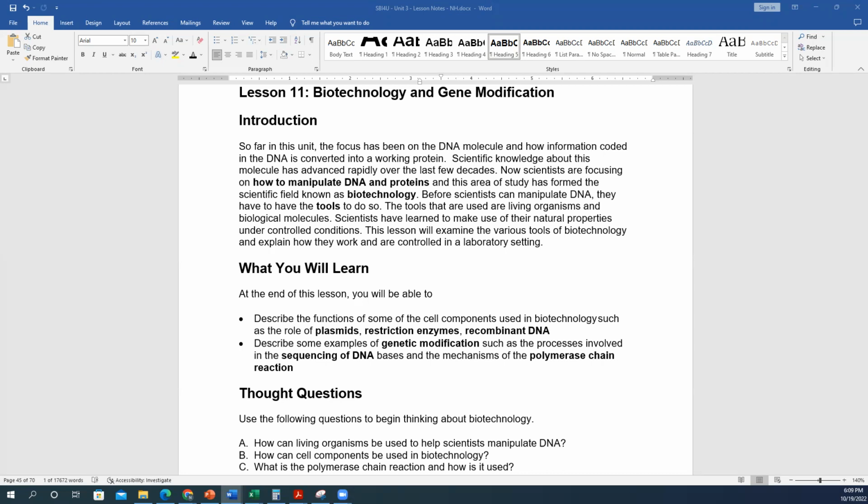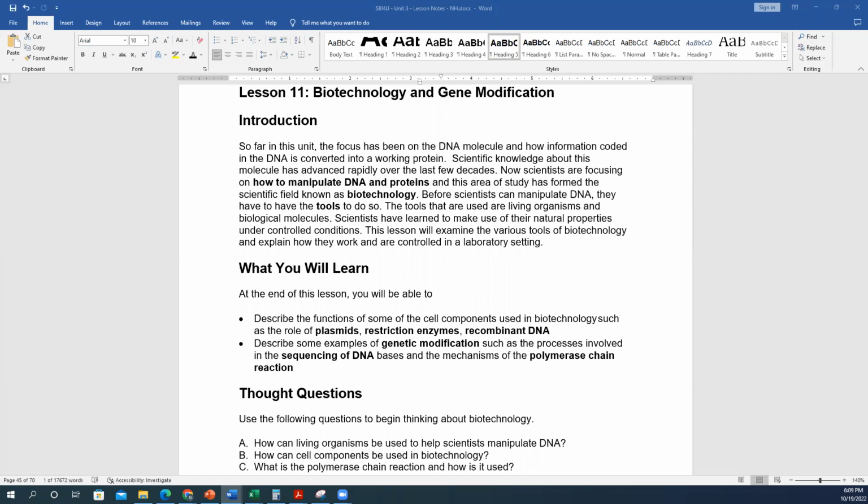But really, the scientific knowledge in the field of molecular genetics has really advanced rapidly over the last few decades, and especially it has really accelerated even in the last 5 years. The knowledge base of this has certainly grown so much.